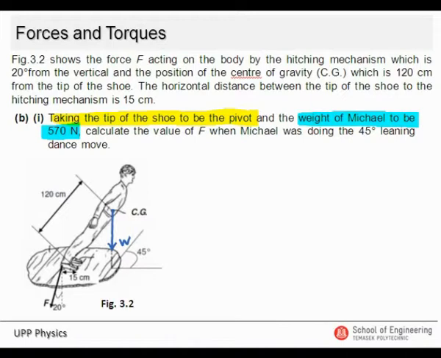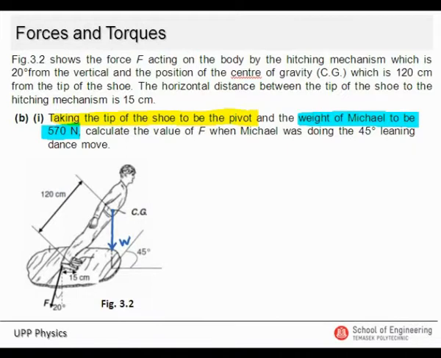Next, there's this normal contact force. We have to draw the normal contact force at the tip of the shoe because that's the only point he's in contact with the ground. And it has to be slanting. This normal contact force is not vertical. Why? Because if you look at the force F, it is slanting at an angle 20 degrees downwards.